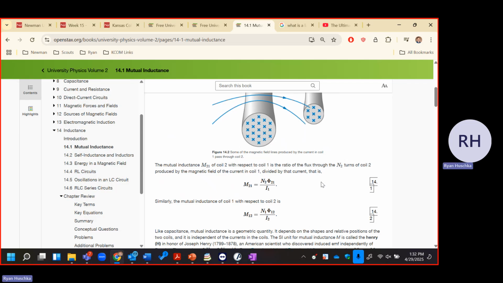Notice the key thing: on 14-1, you have a subscript of 2 in the numerator after the N, and a subscript of 1 in the denominator after the I. Same thing when you look at 14.2, that inductance M, where you have a 1 as a subscript after the N, and then a 2 after the I.